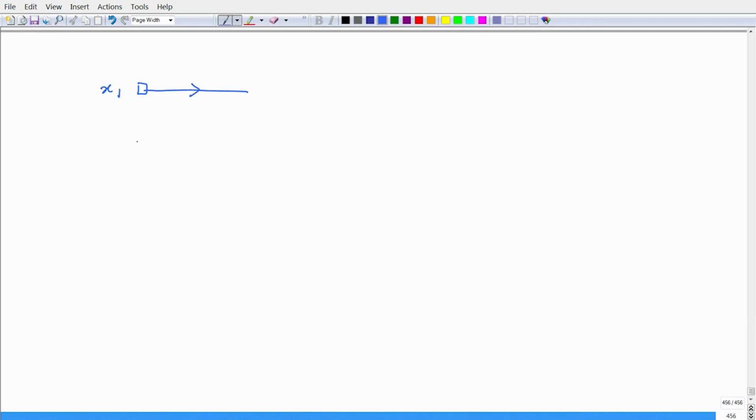We have x1, we have x2, like this we have points xm, and this is like our input layer. So, I just put these units here.